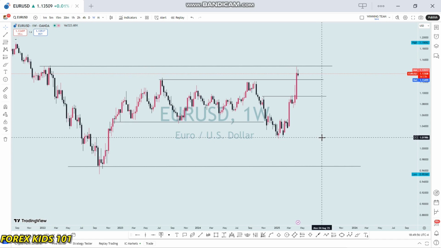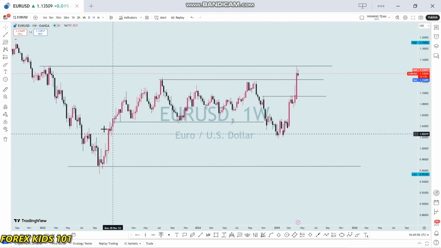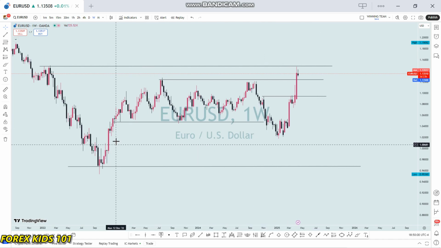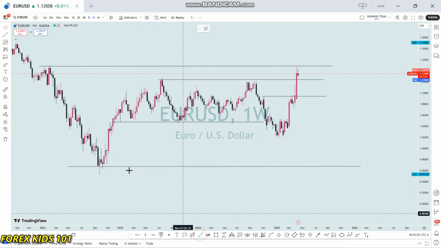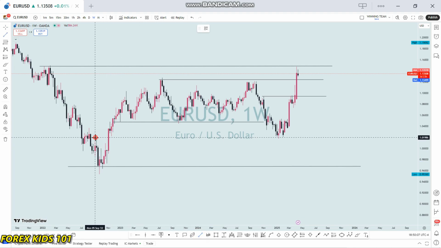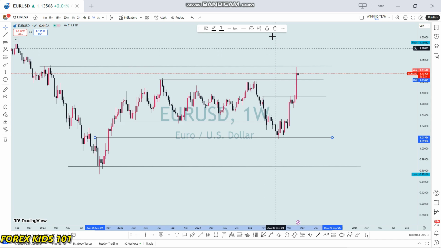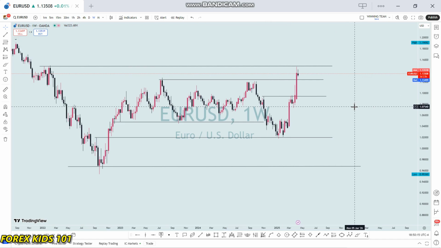Now we can all see that EURUSD tried to fill up this gap here, which to me did a nice job closing up everything from that area. Perfect. So this is how EURUSD is looking from a weekly standpoint.